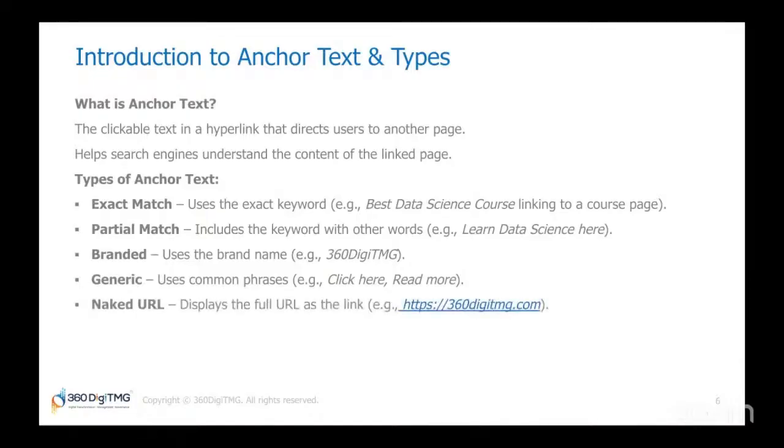What is the next type of anchor text? Naked URL. What do you mean by naked URL? It displays the complete URL. For example, https://360digitmg.com. That's a naked URL. We can also have more naked URLs.